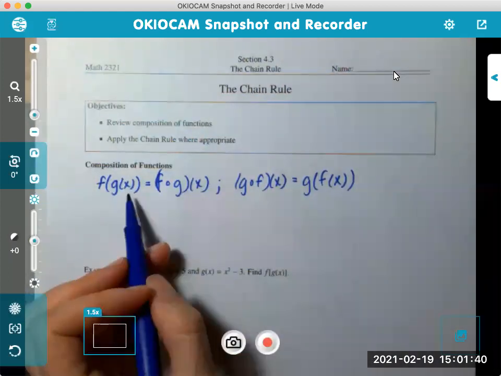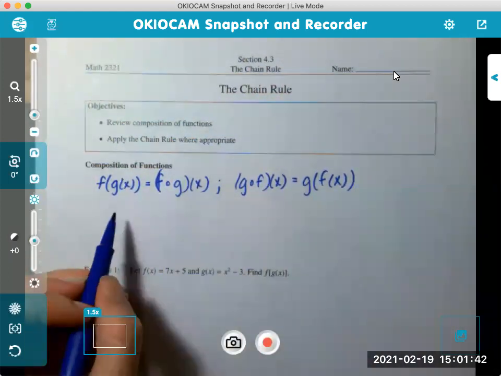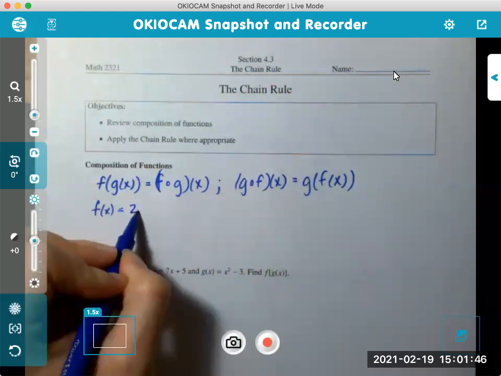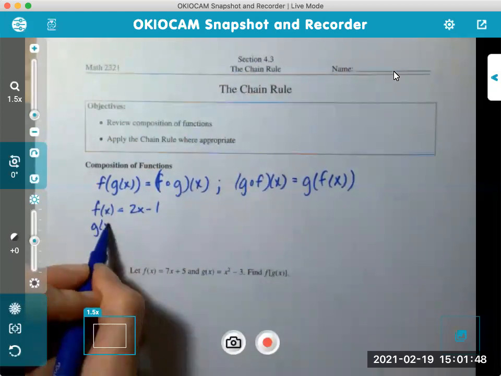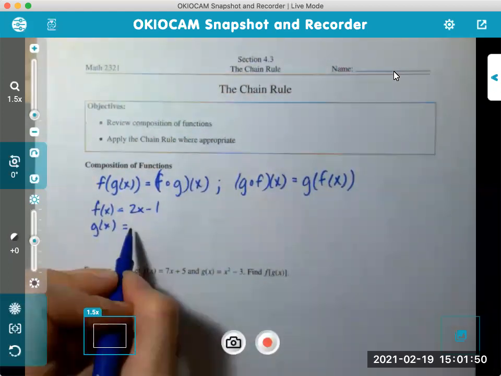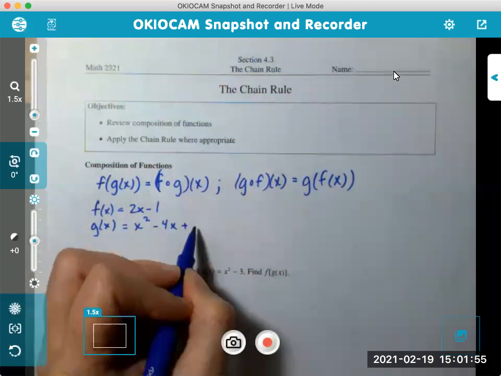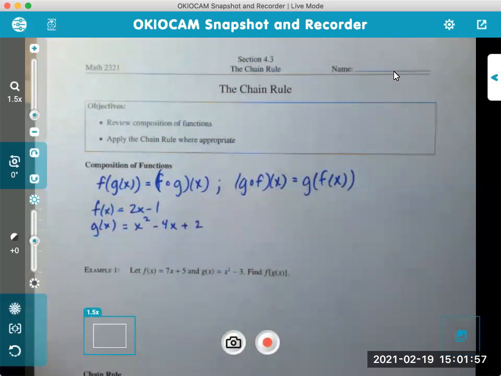Notice that here f and g are the same functions, like f could be 2x minus 1, and g of x could be x squared minus 4x plus 2. Doesn't matter.